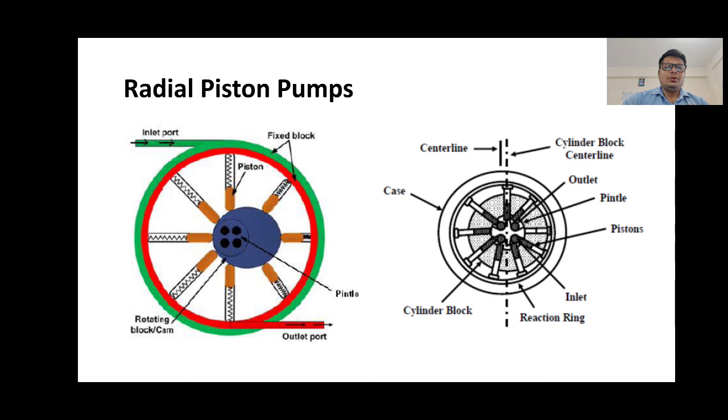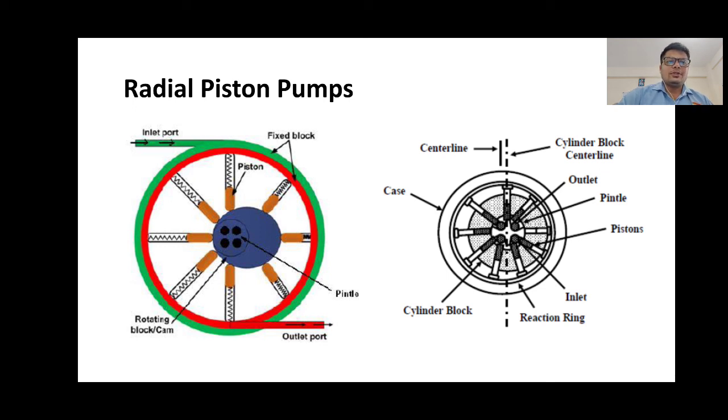So due to maximum eccentricity of the piston, we can get the maximum output, and this forced fluid will flow out of the cylinder, and it will enter the discharge port. So this is known as the radial piston pump.